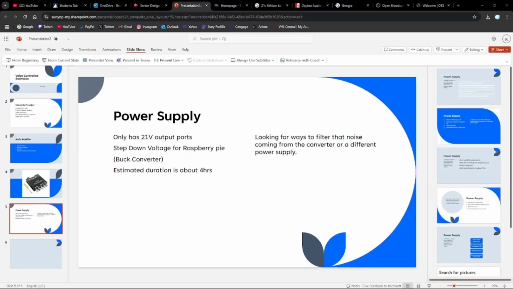We are also looking for a different kind of power supply that has around 20-volt output ports and 5-volt output ports to power both things. So far we've found a few of them, but they don't have a high amp-hour charge, so the play time will be around 30 minutes maximum.